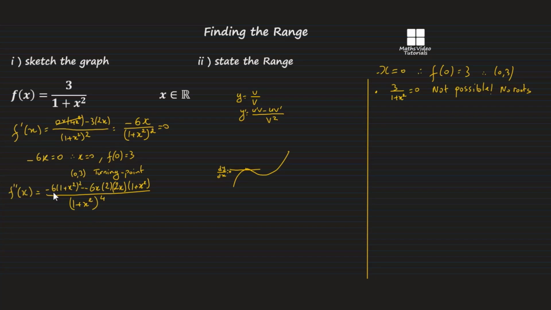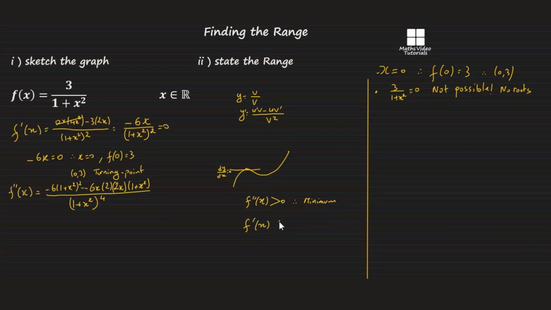Before you go any further with this, just remember the turning point happens when x equals 0, and we're doing this to find out the sign of the second derivative, because that will tell us the nature of the turning point. Let's recap. If the second derivative is greater than 0, meaning positive, then the turning point is a minimum.